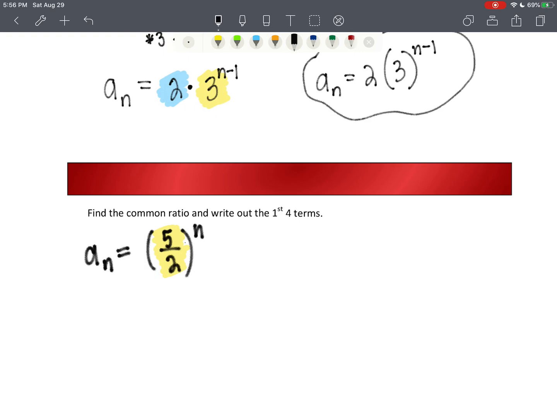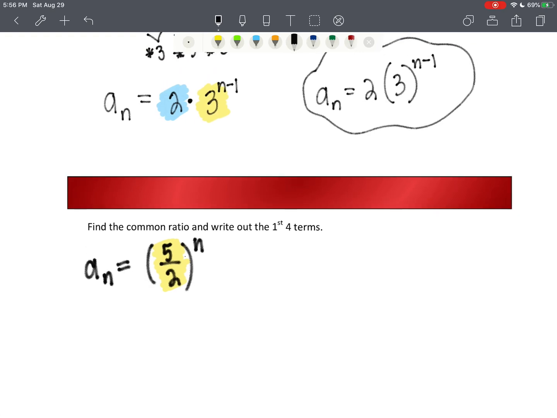This 5 over 2 raised to the n power is the rule. So they've taken away the minus 1, and they've taken away a leading coefficient. So for this rule, the value of the first term is equal to 5 over 2 to the first power. So the first term is 5 over 2.